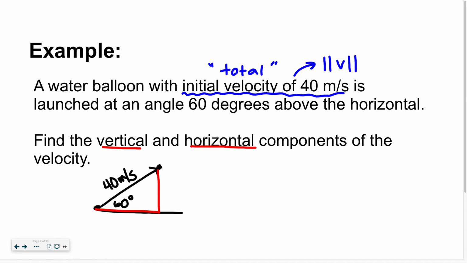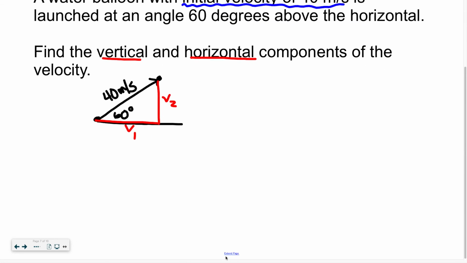So we basically want to know what V sub 1 and V sub 2 are. Well, now it's just a problem where I have magnitude and direction angle, so I know how to find my vertical and horizontal components.